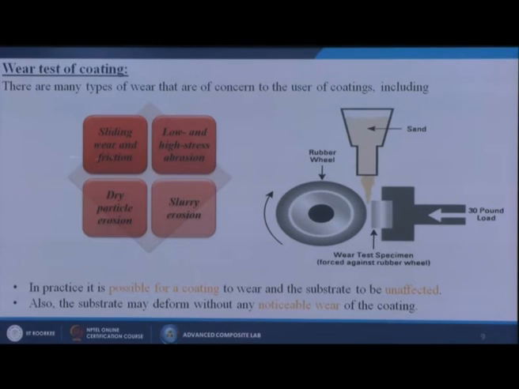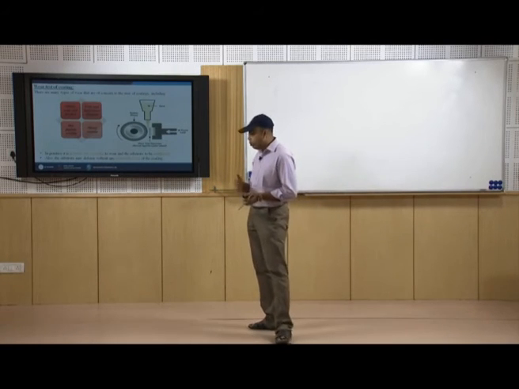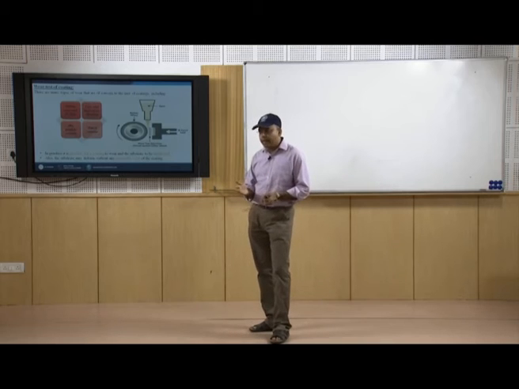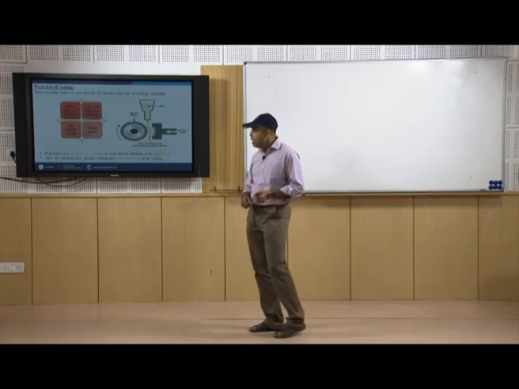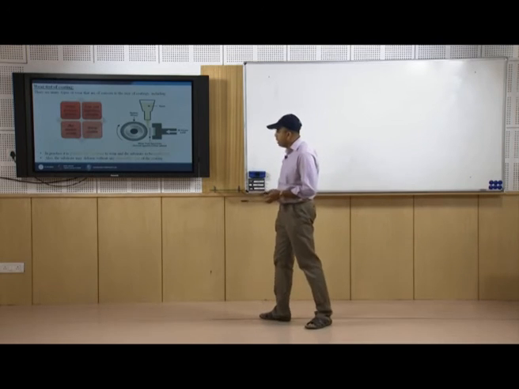So, after finishing, we take the before weight and after weight, and if we subtract the two weights, we get how much mass loss has taken place in the form of mass fractions, or sometimes we can calculate the volume of that particular wear by these kinds of methods.